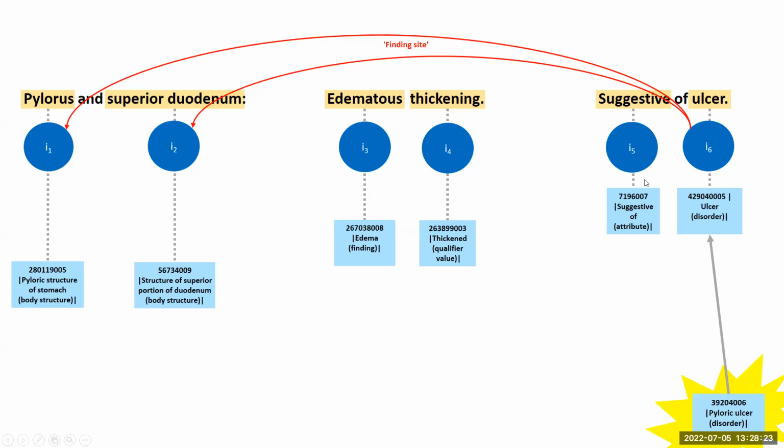And the interesting thing is that we have pyloric ulcer also in SNOMED CT, and given that pyloric ulcer in SNOMED CT is fully defined, it has the relation finding site pointing to this pyloric structure of stomach, and therefore we can really refine ulcer to pyloric ulcer.